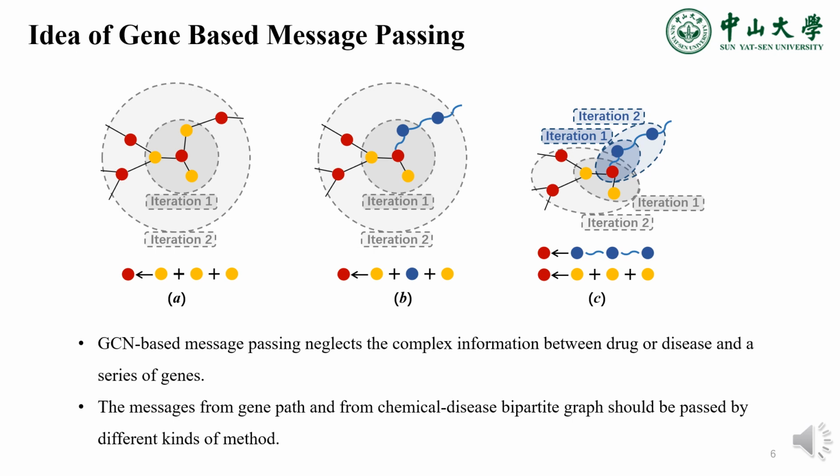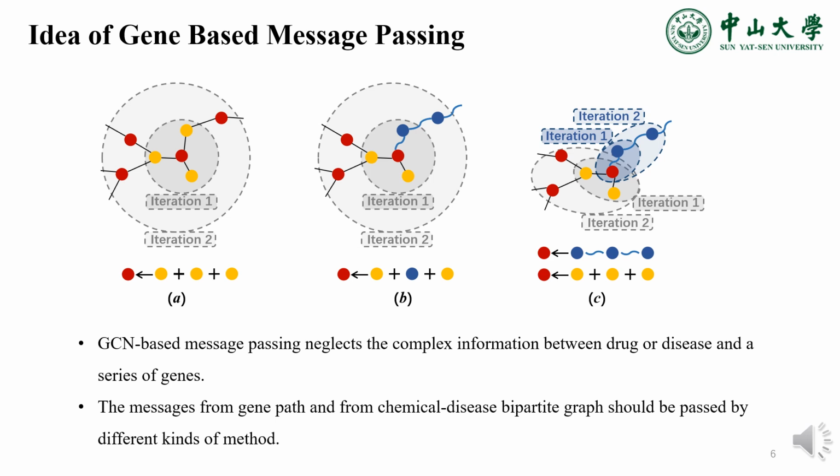But if we look at figure B, when we add genes into the graph, the central disease node is surrounded by genes and drugs. The nodes in the message passing process become heterogeneous. But messages between gene and disease, or between gene and drug, are not simple triples. They're more complex.